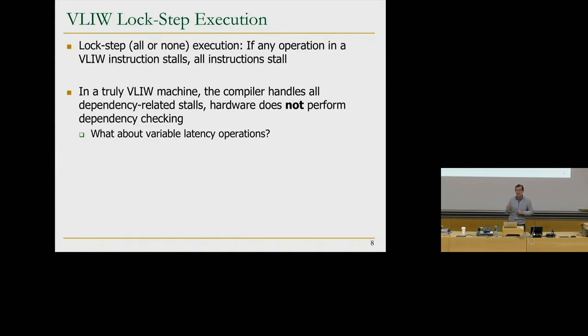For example, if sometimes your load takes 1 cycle because you hit in the cache, sometimes it takes 100 cycles. Now you have a problem. When you're statically scheduling code as the compiler, you don't know what to do very well. So these machines usually have a lot of difficulty handling variable latency operations. As a result, they have not been as successful as out-of-order execution machines.